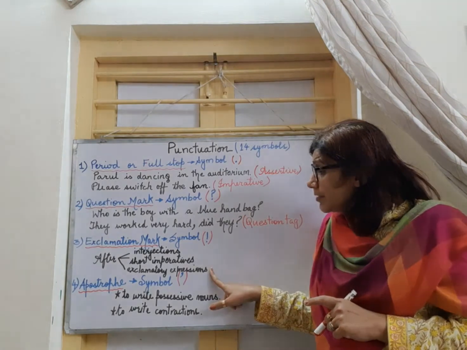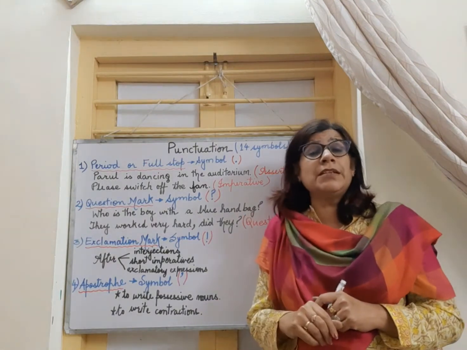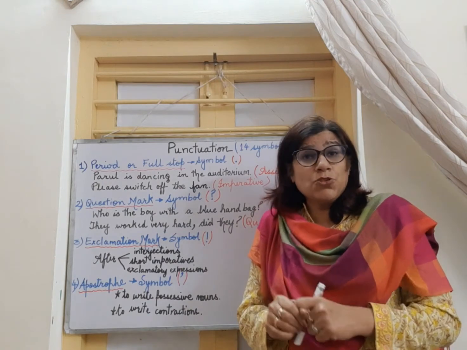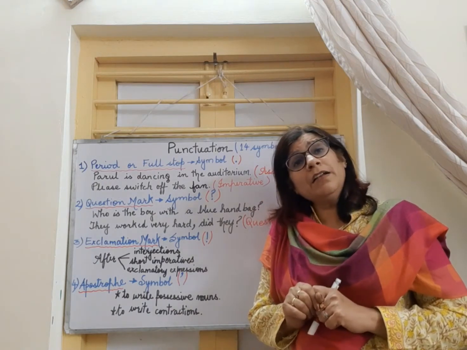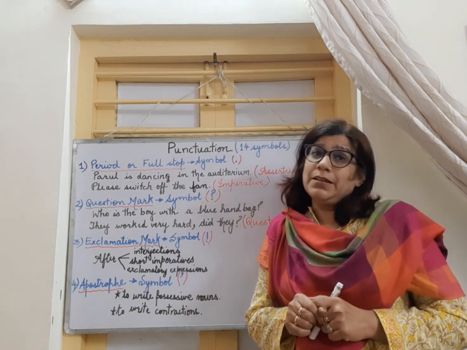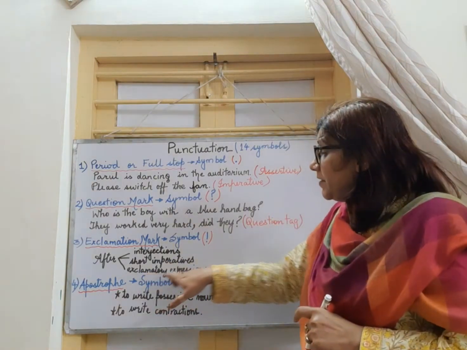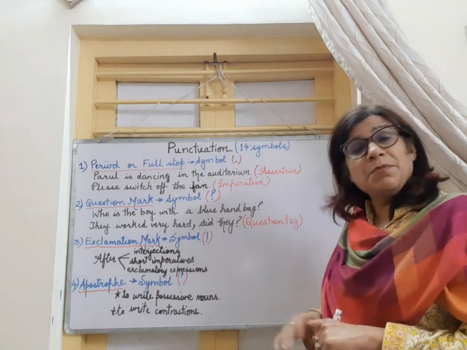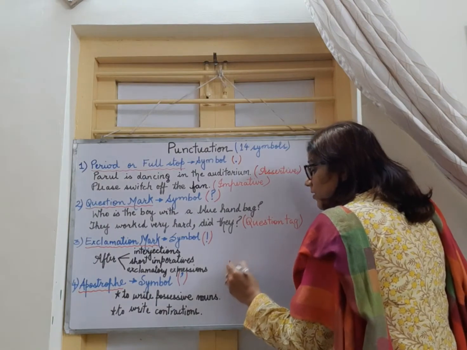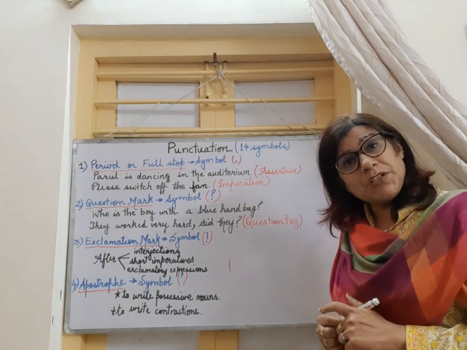What are exclamatory sentences? These include sentences which express sudden feelings and emotions, like joy, sorrow, anger. An exclamatory expression is like, what an amazing experience! Here, at the end of this sentence, we use an exclamation mark.